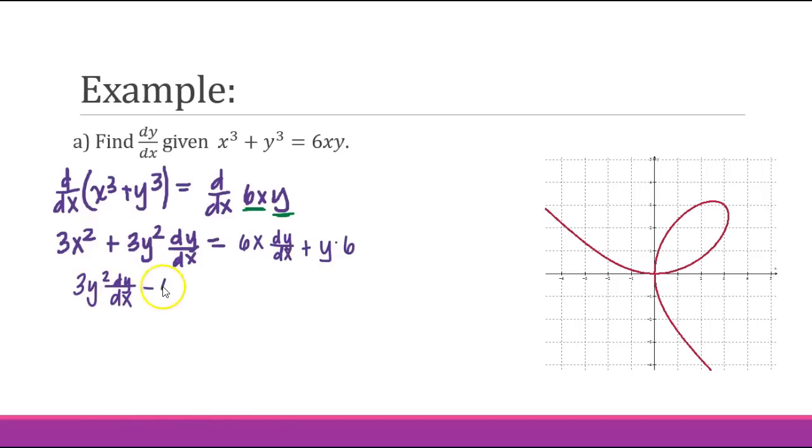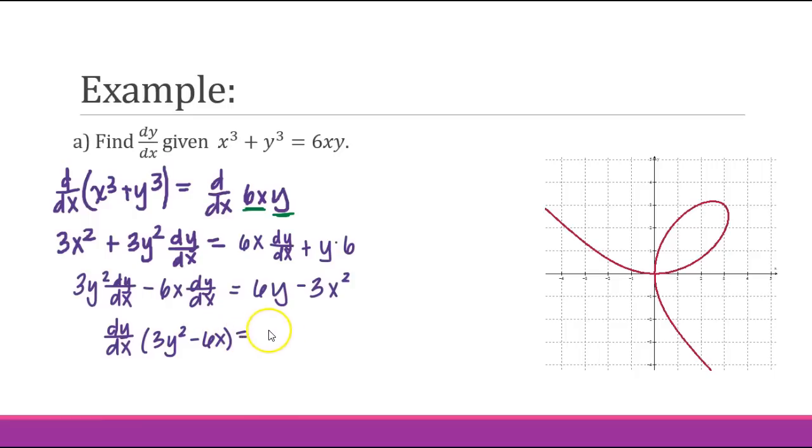I'm going to subtract 6x dy/dx, and there's a 6y on the right-hand side, and I'm going to subtract over the 3x squared. Now that I have my like terms involving dy/dx on one side of the equation, I can factor that out, and I'm left with 3y squared minus 6x equals 6y minus 3x squared.